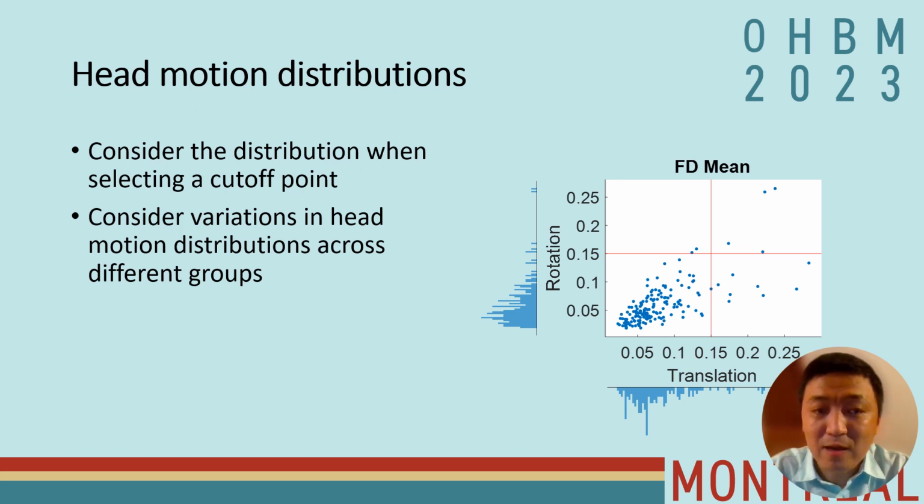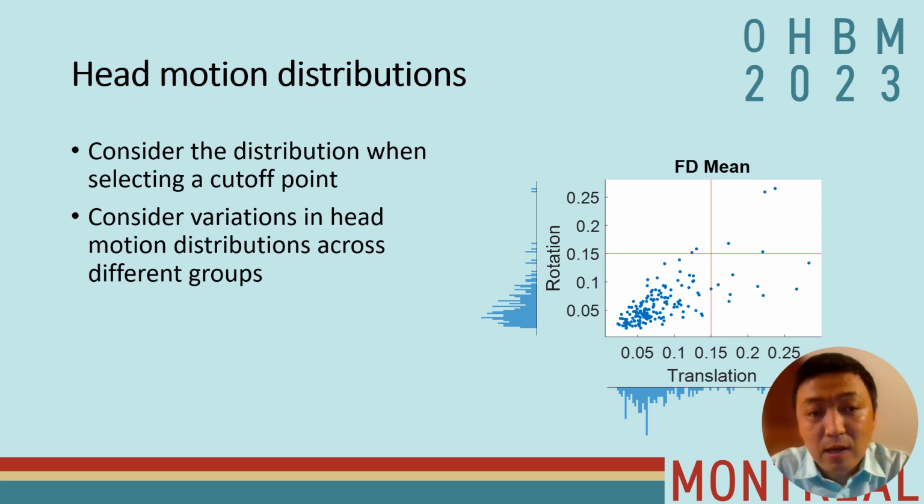Therefore, I feel that it is very helpful to plot the distributions of head motion parameters across different subjects so that we can verify whether this removal is actually justified, or if it removes half of the subjects, and that may not be an appropriate threshold to be used.